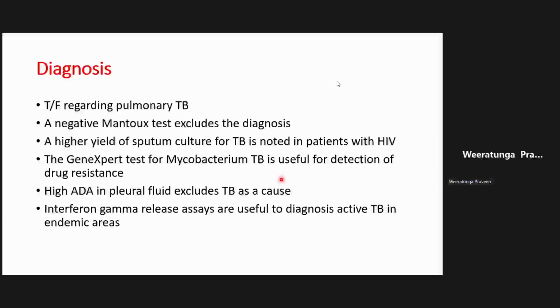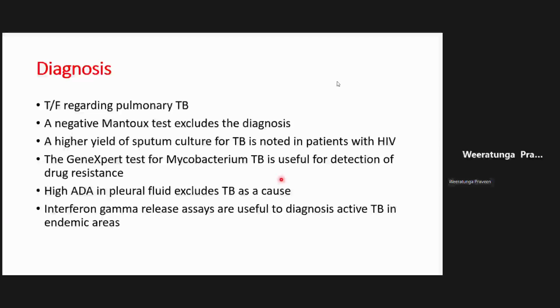Okay. So if you have an exudative lymphocytic high ADA effusion, you have a 95% sensitivity and specificity in diagnosing pleural tuberculosis. Exudative lymphocytic high ADA, you have a 95% probability that this is TB.